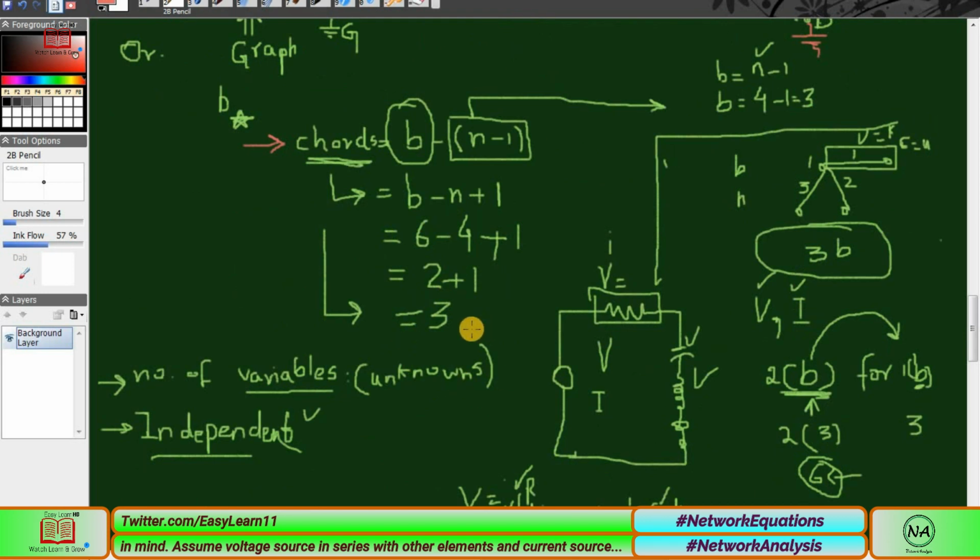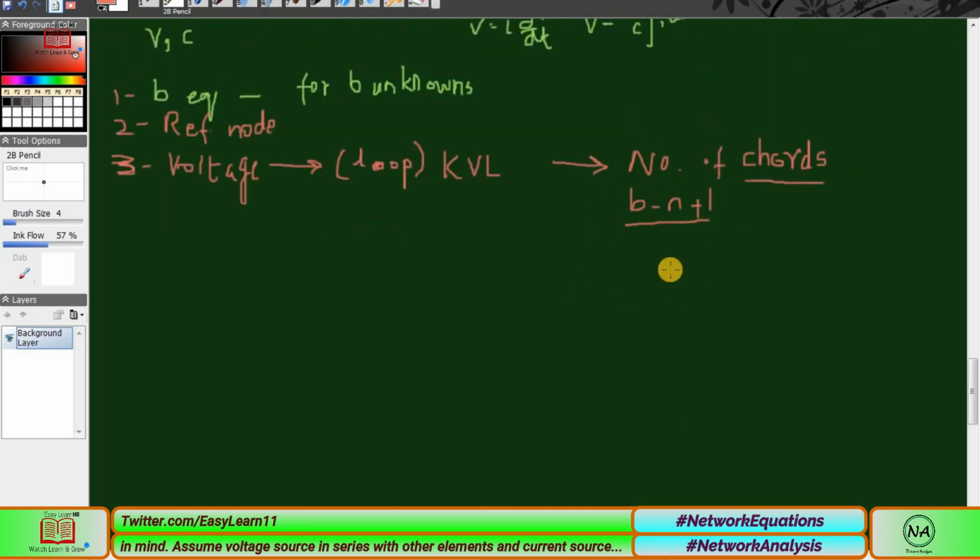So this is how we can apply the formula, and the answer is the number of variables, or the number of equations we need to write, because if we get the number of unknowns, it is also the number of equations.